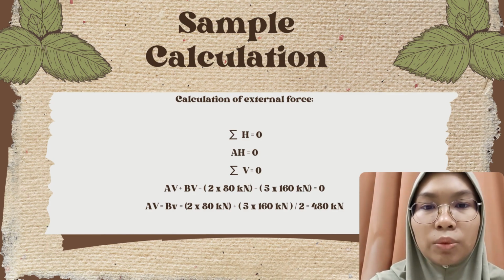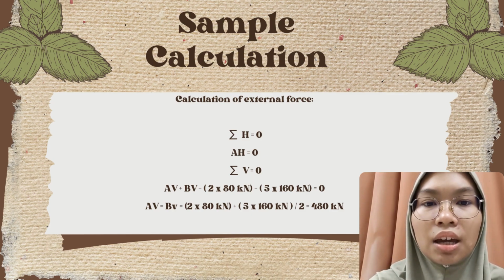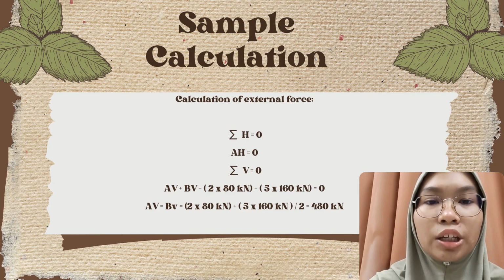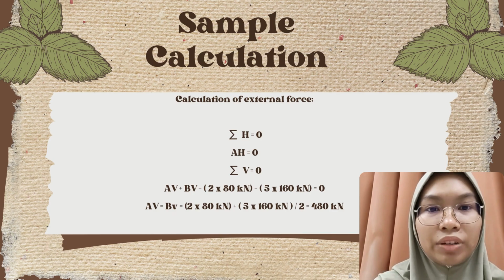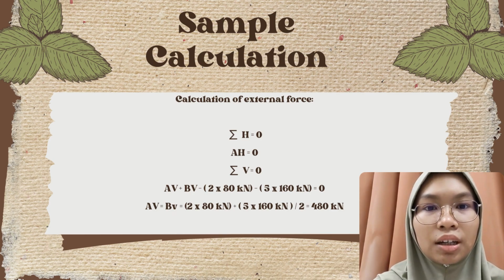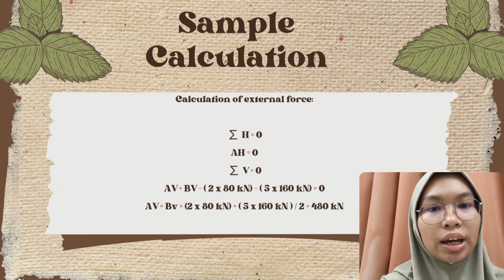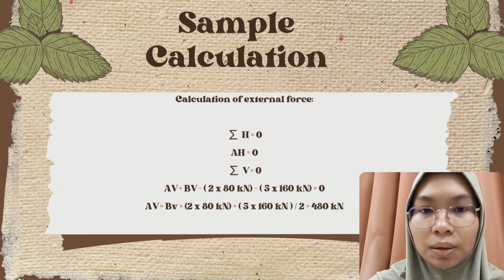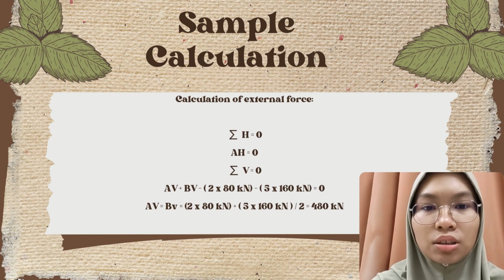From that we will equate AV plus BV minus 2 times 80 kilonewton minus 5 times 160 kilonewton equal to 0. And then we will get AV equal to BV equals 480 kilonewton. That is how we get our external force.